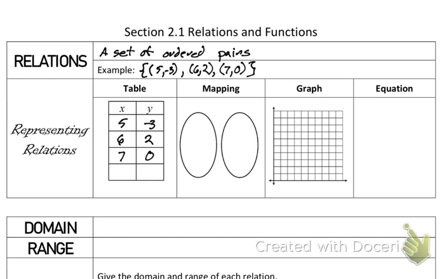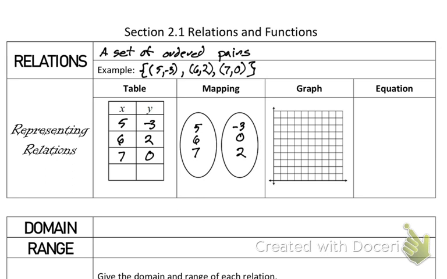Mapping is a whole lot like making a table, except we actually draw arrows of the direction things work. With mapping, I need 5, 6, 7 in one of these oval shapes, and all of those other numbers over here. I'm going to put them in numeric order, -3, 0, and 2. Typically when you're mapping, you put them from lowest to highest in value.